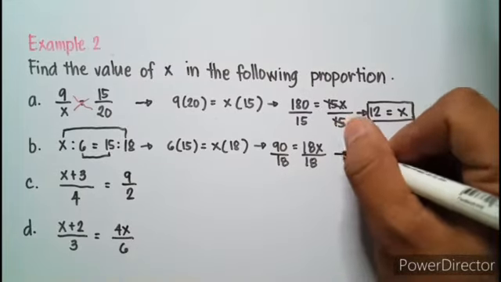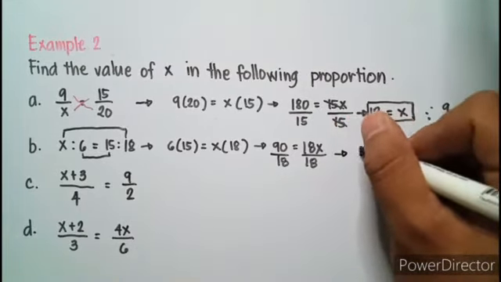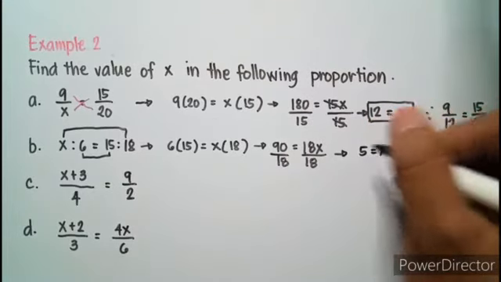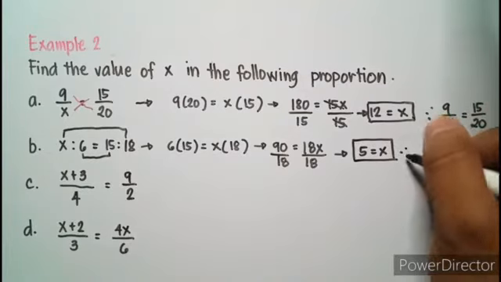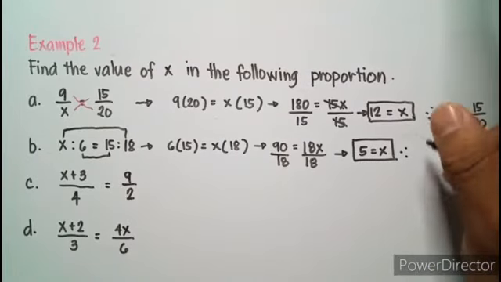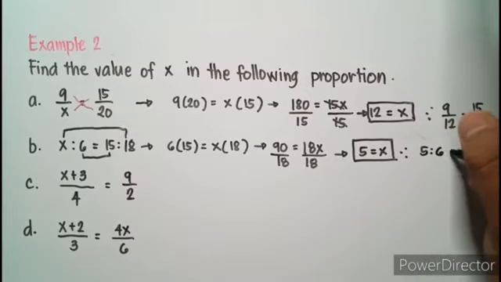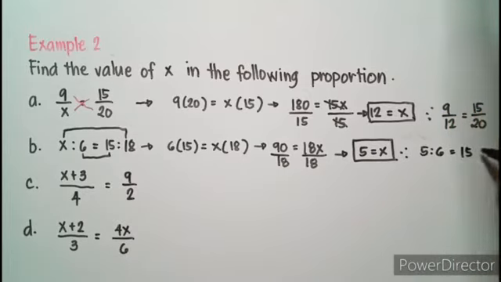So our x is equal to 5. So therefore, we have 5 is to 6 is equal to 15 is to 18.